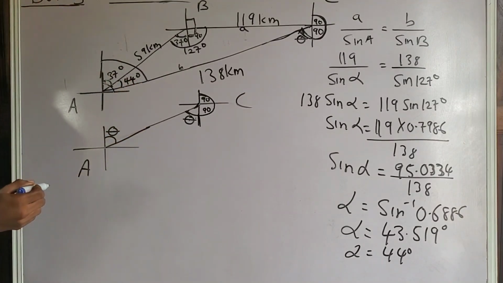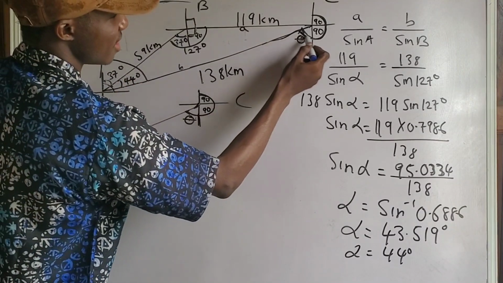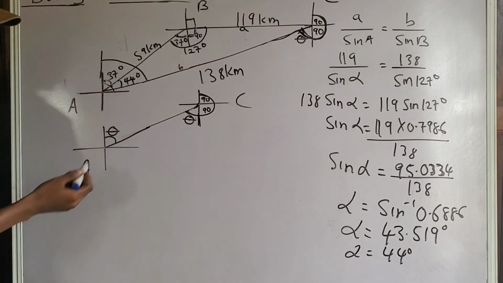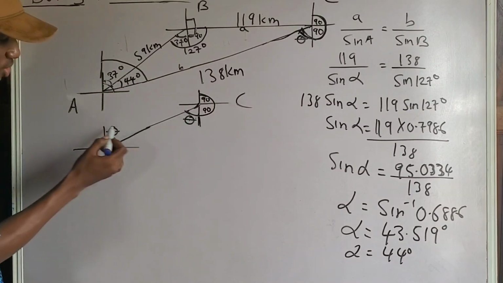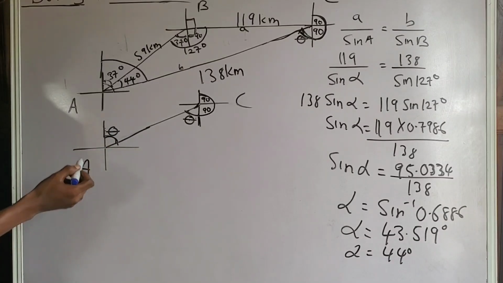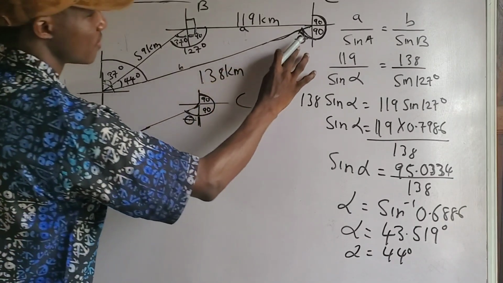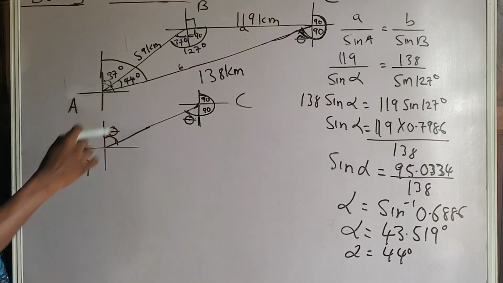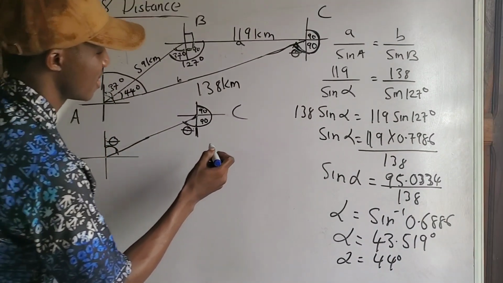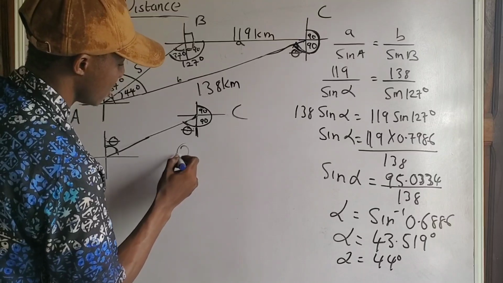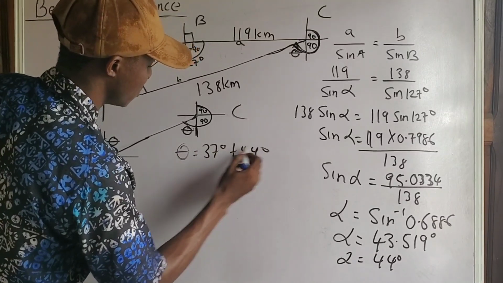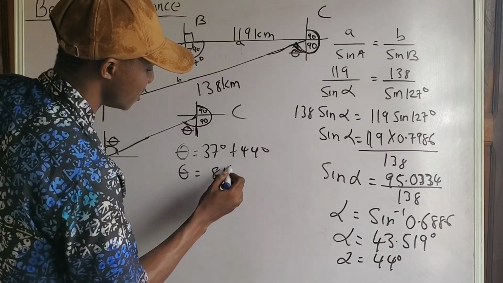This theta is alternate to the sum of this angle and this angle, just like what I have here. So if I want to get the value of theta, I need to sum 37 and 44 degrees together. So theta is equal to 37 degrees plus 44 degrees. Theta is equal to 81 degrees.